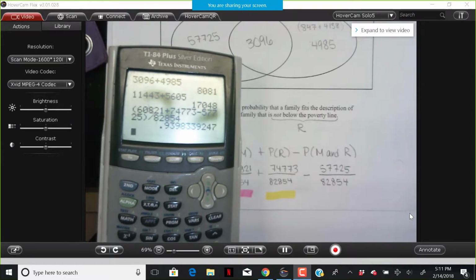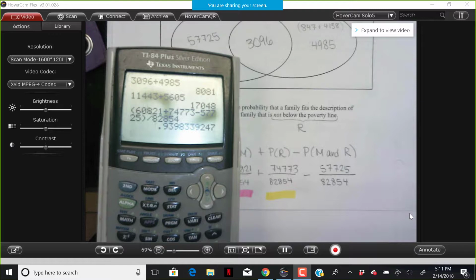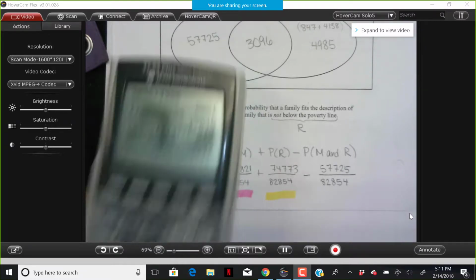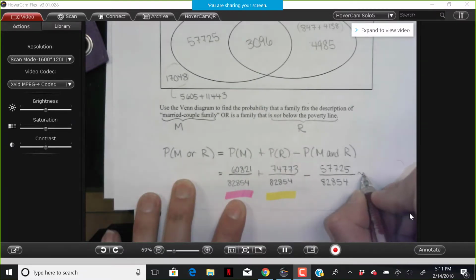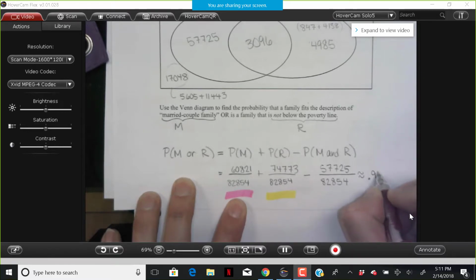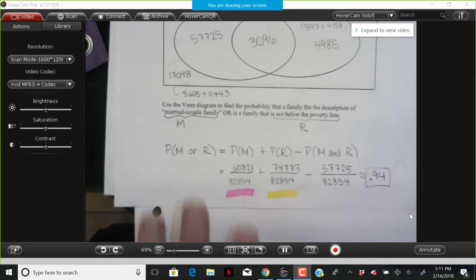And decimal is fine. So about 0.94. So about 94% of people are either in a married couple family or are in a family that's above the poverty line.